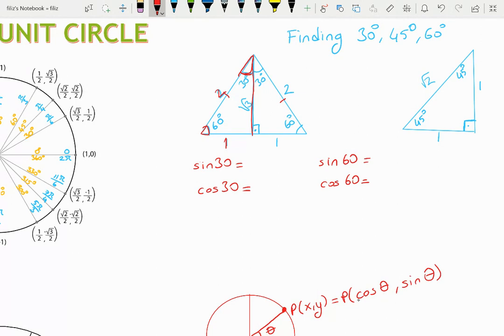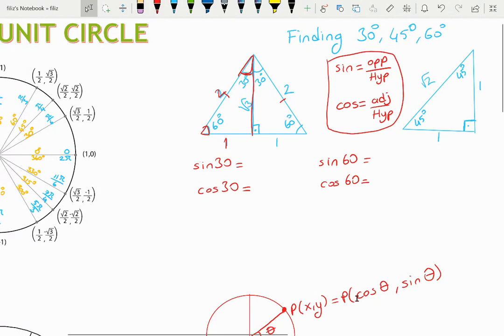So we know sine, when we are writing sine, we will use opposite side over hypotenuse. For the cosine, we will use adjacent over hypotenuse. So these are our formulas.